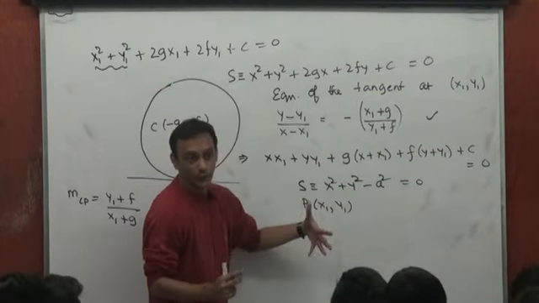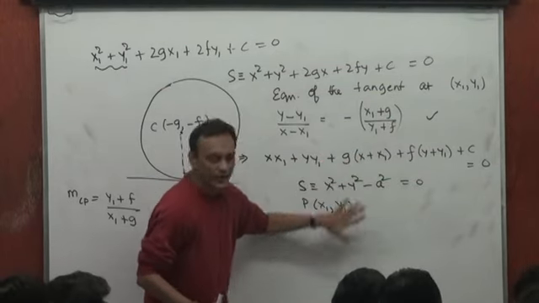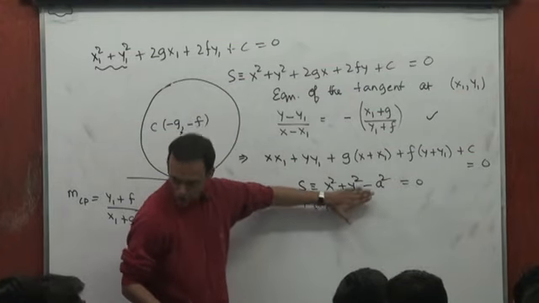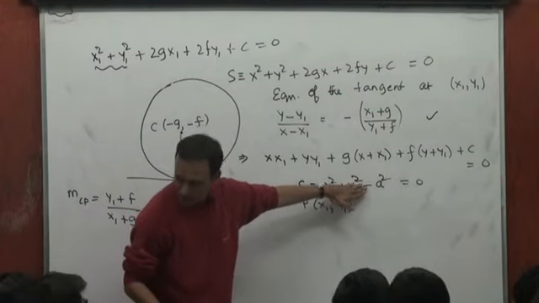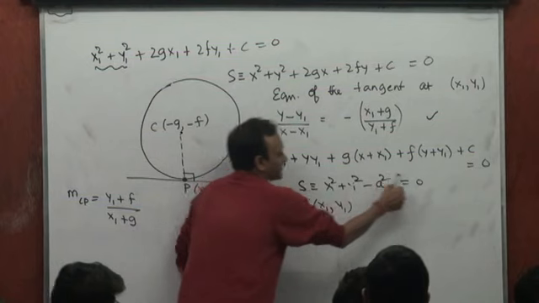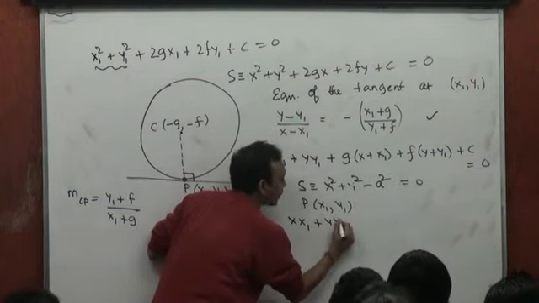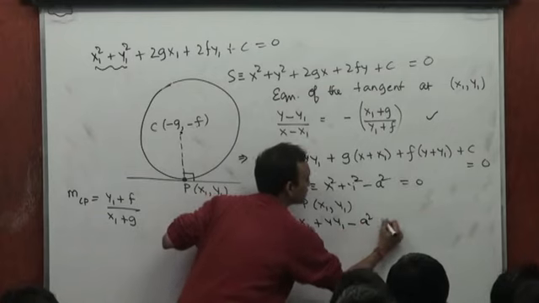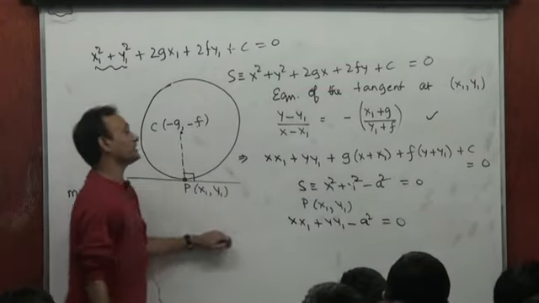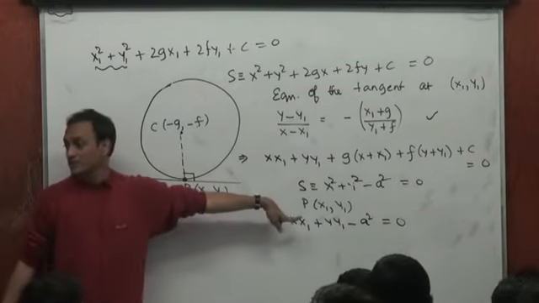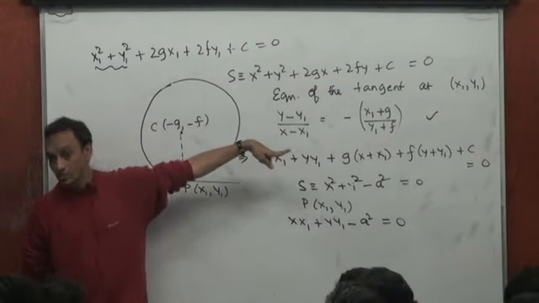If you do that, you will get the equation of the tangent to this circle with center (0, 0) and radius a. So the equation of the tangent to this circle will turn out to be x x1 plus y y1 minus a squared equal to 0.